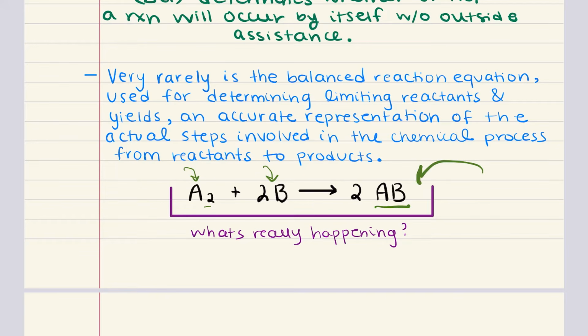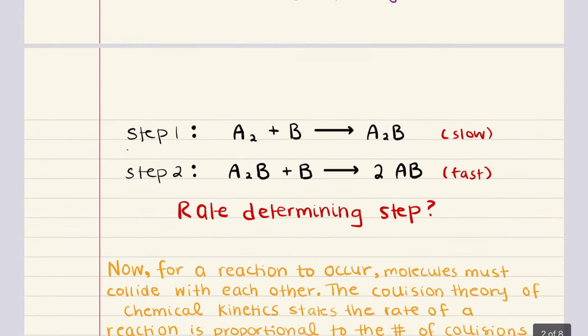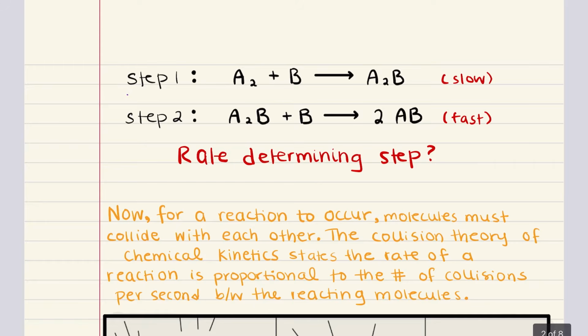So again, considering this example we have written, this reaction suggests that 2 molecules of B collide with 1 molecule of A2 to form 2 molecules of product AB. However, it's more realistic to assume that this reaction actually proceeds through a couple of elementary steps rather than a single event.